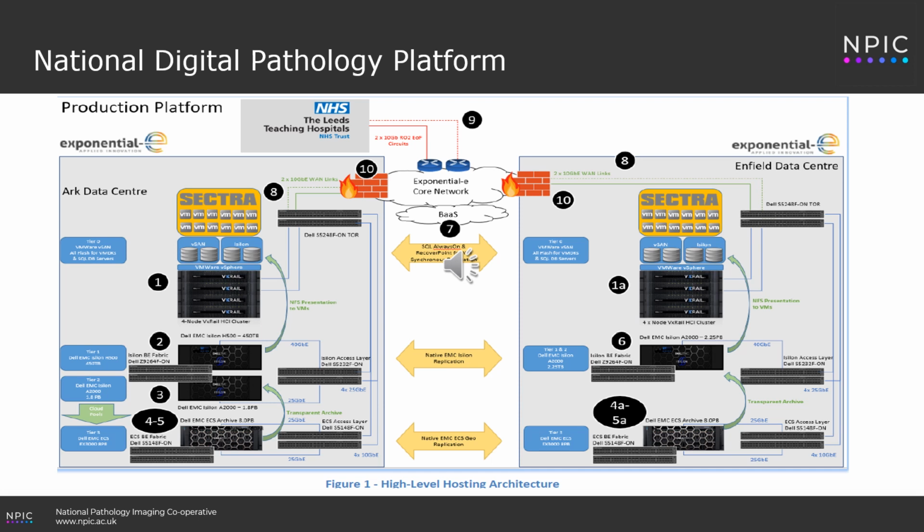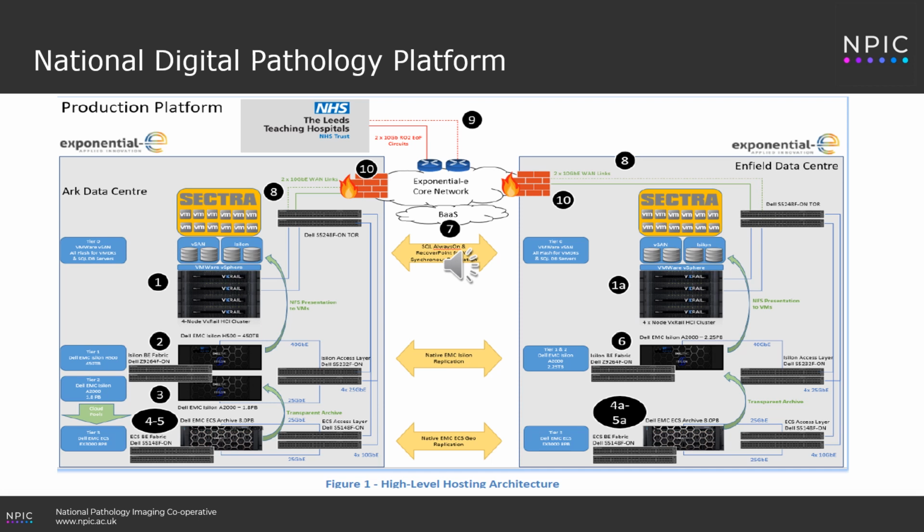This is the National Digital Pathology Platform, or a little diagram anyway. So NPIC have gone with a dual data center setup with multiple tiers of storage, providing a high availability service which is resilient. The solution has a number of different tiers of storage.